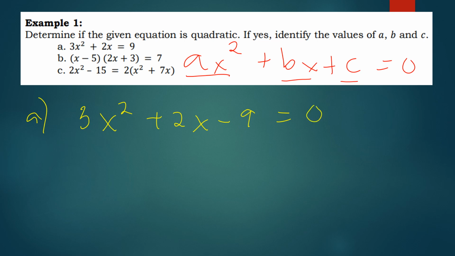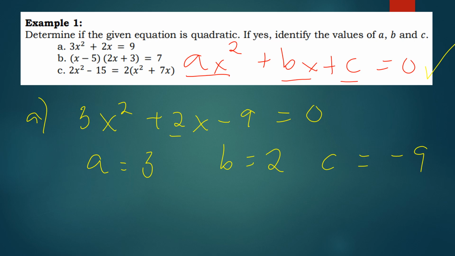One way to look at it is to add negative 9 on both sides, because if we add negative 9 to 9, we'll have 0 on the right side. And then now it is already in this format, so we need to identify our a, which is the coefficient of our quadratic term, 3, and then b is equal to 2, and the constant is negative 9.